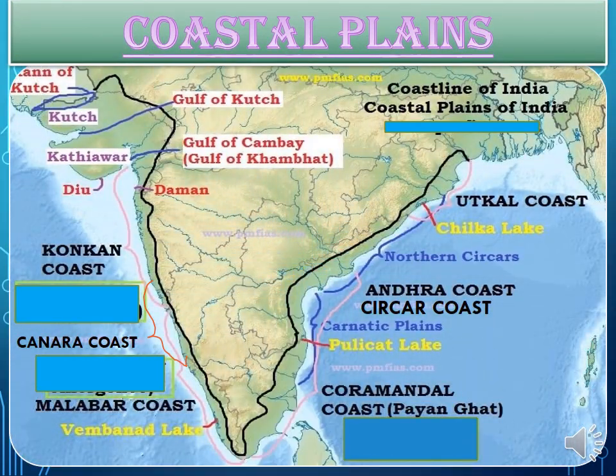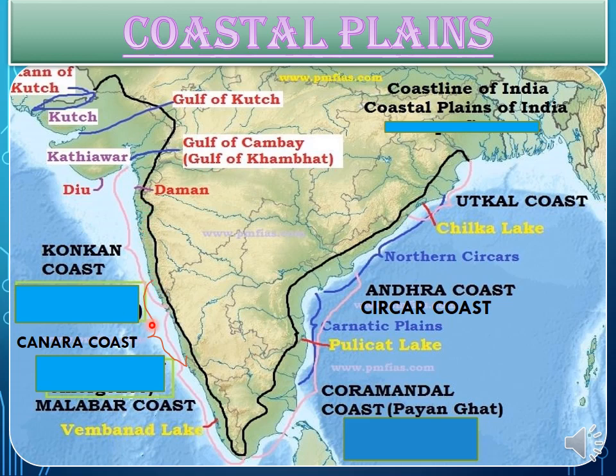Now let us move to the coastal plains. We have two coastal areas. One is on the Bay of Bengal side and another is on the Arabian Sea side. On the west side we have the Konkan coast, the coastal area comprised of Maharashtra and Goa.